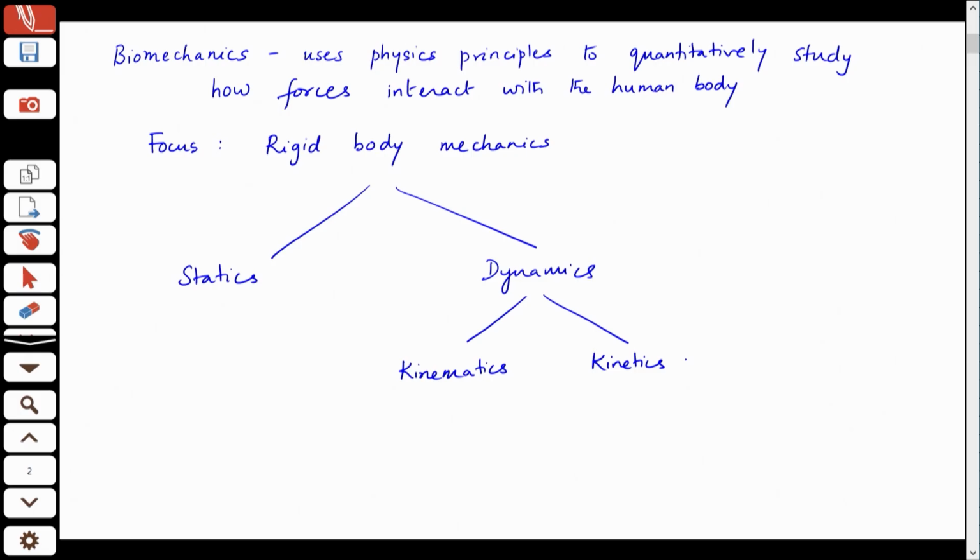So, if you look at statics, we will be looking at the human body in different postures. We are looking at cases of static equilibrium, where we will apply the principles of statics to study the system. When we talk about system in the context of the human body, it could be the entire body in some cases, or it could be specific segments or specific portions of the system that we are focusing on.